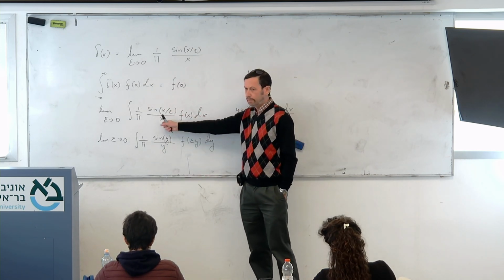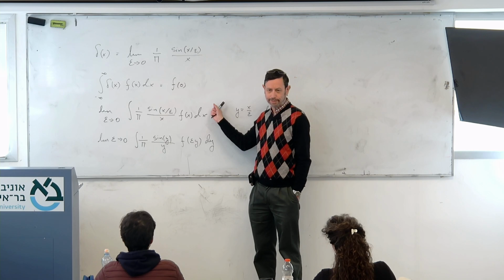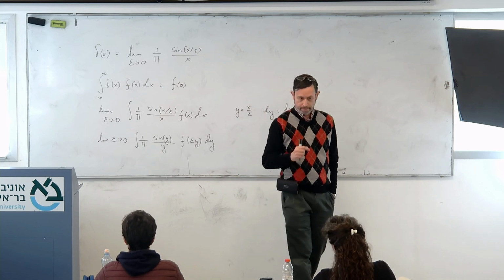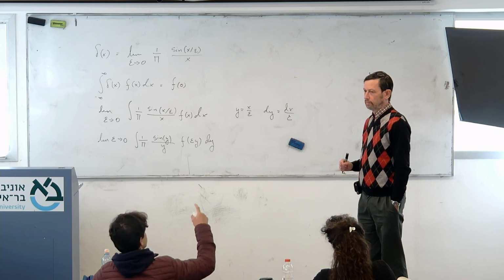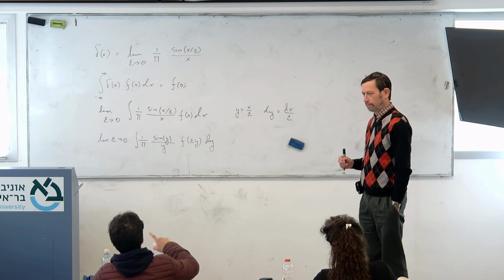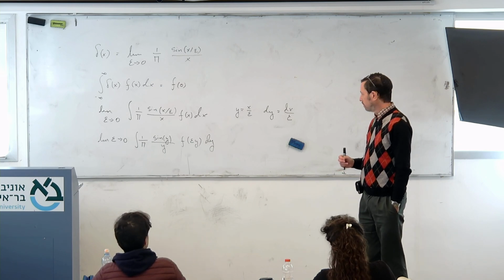You remember I have x and dx, so epsilon is cancelled out. We say that y is equal to x over epsilon, right?